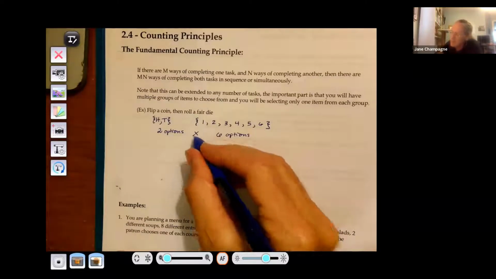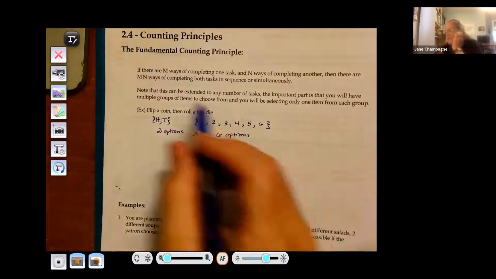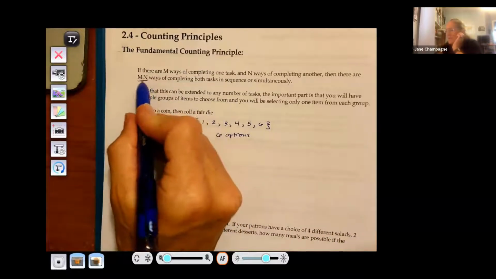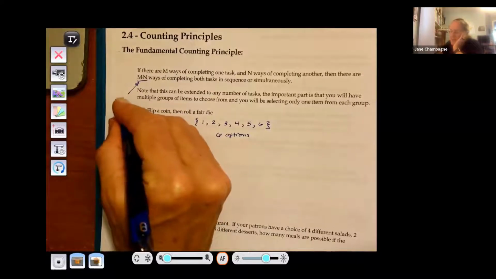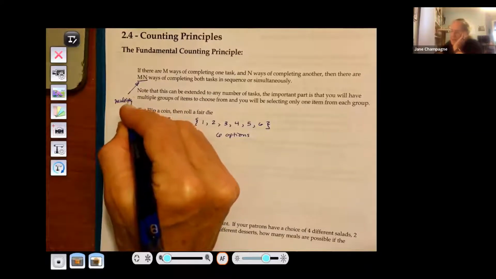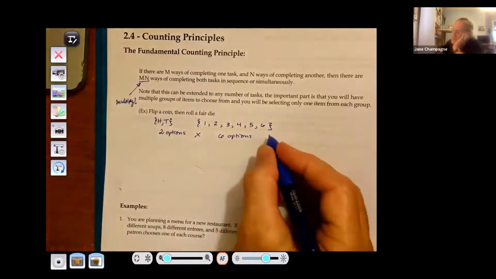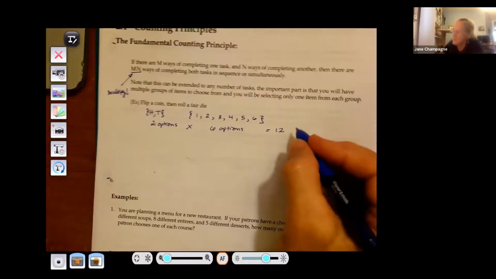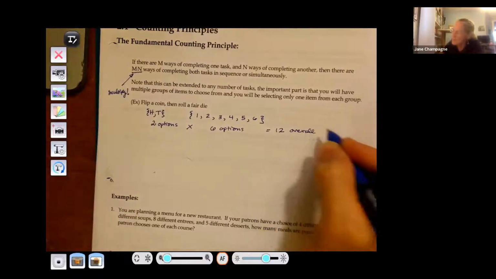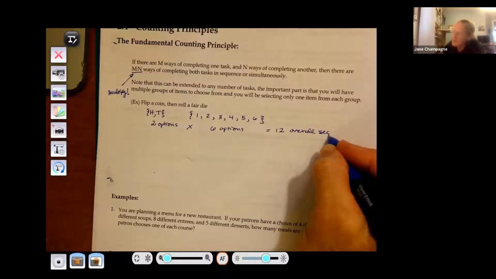Well, multiply. That's what the fundamental counting rule says. It's this idea of multiplying, okay? m times n, multiply. So 2 times 6 gives you 12 overall options. Sequences of options, let's say.